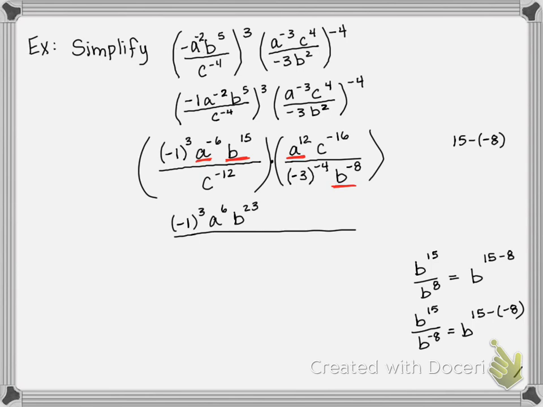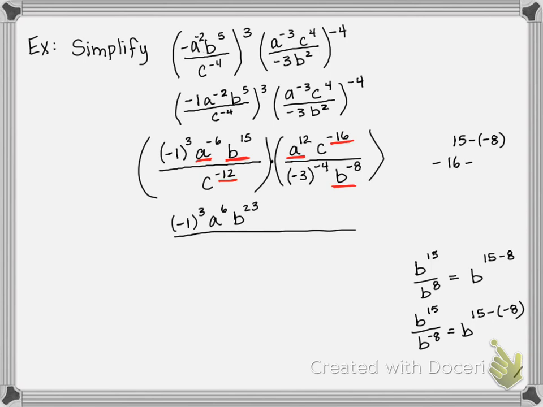And then let's look at our c's. On the top we have c to the negative 16th. On the bottom we have c to the negative 12th. It really helps to write it over on the side, just to see it, because it's very tempting to do things that aren't actually true.